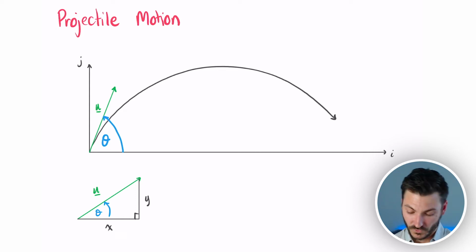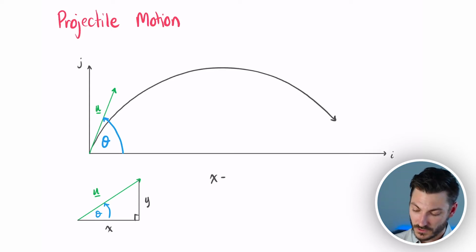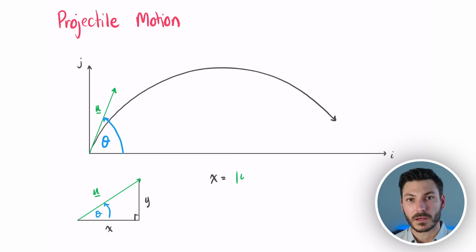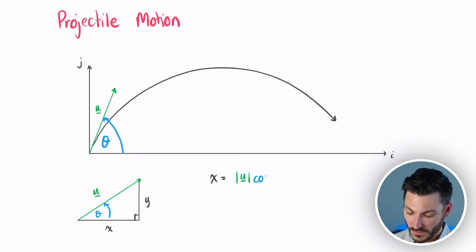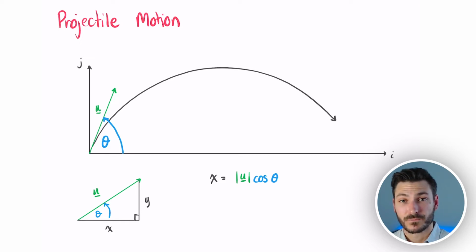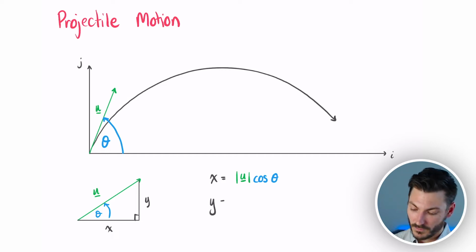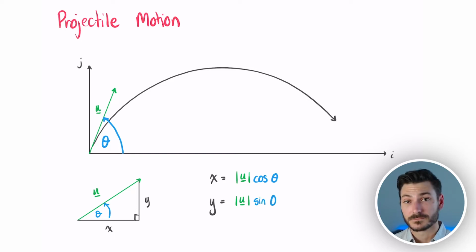Now I can write what those two components are by considering the magnitude of the initial velocity vector and also the angle, right? So x is going to be equal to the magnitude, so the speed of the initial velocity, multiplied by cosine of the angle between the ground and the vector. So u cos theta, magnitude of u cos theta. The y component here can be represented by something very similar. It's the magnitude of u times sine of theta.